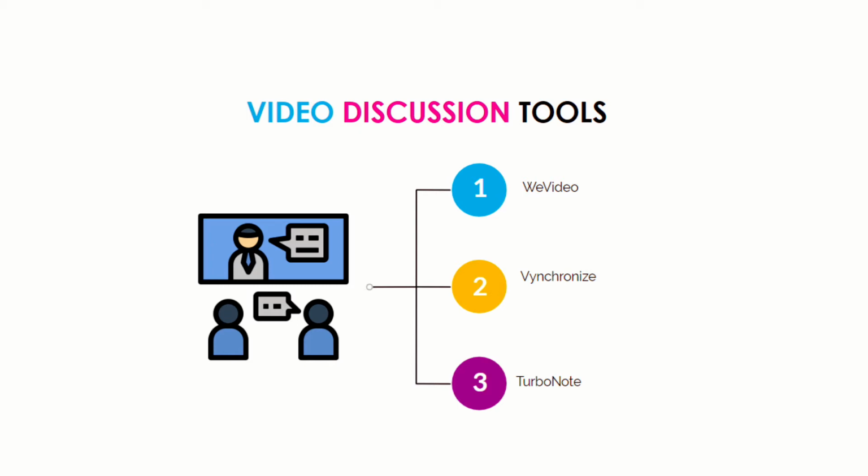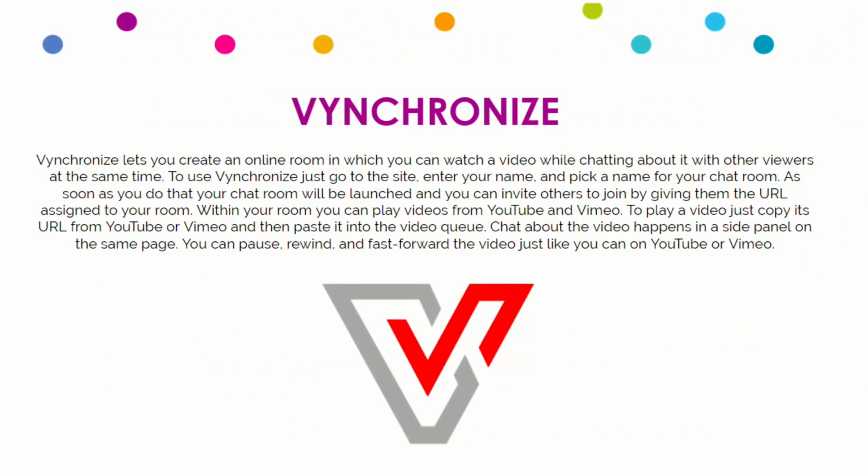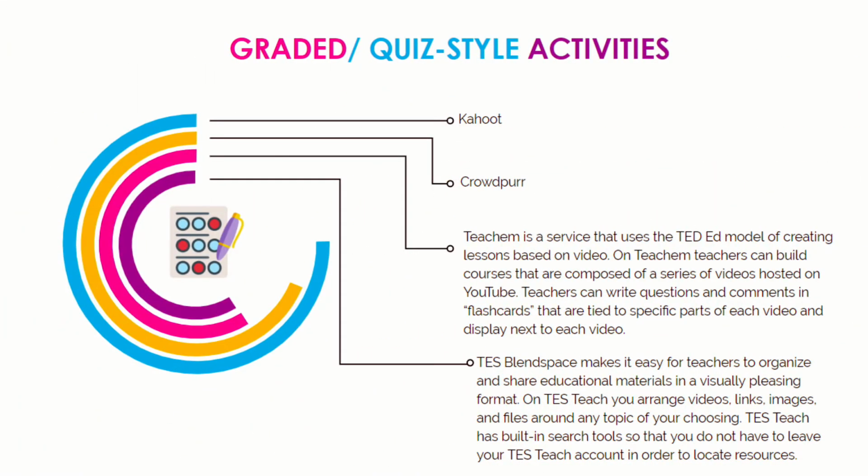Any notes that the students type are automatically time-stamped, and the notes can be edited while the video is being played. So this is great if your students are in video production or creating videos themselves. You could watch their videos and provide time-stamped notes in there. So WeVideo, Vynchronize, and TurboNote, three to look into for those types of styles.